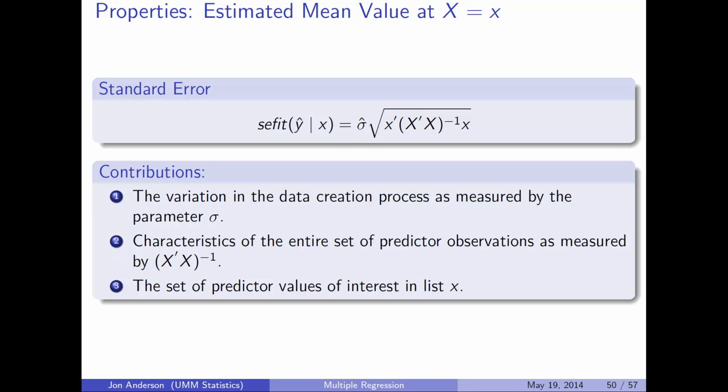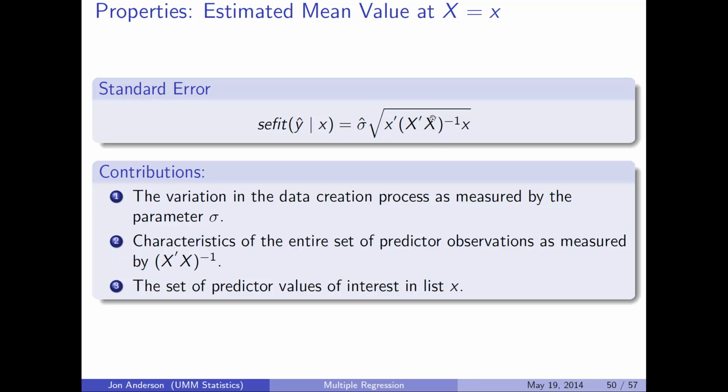If you're interested in estimating the mean function, the standard error is this formula. It's just the estimated sigma variation times the square root of a linear combination of the observed data values for the predictors, little x, and the overall variance matrix, x transpose x inverse.